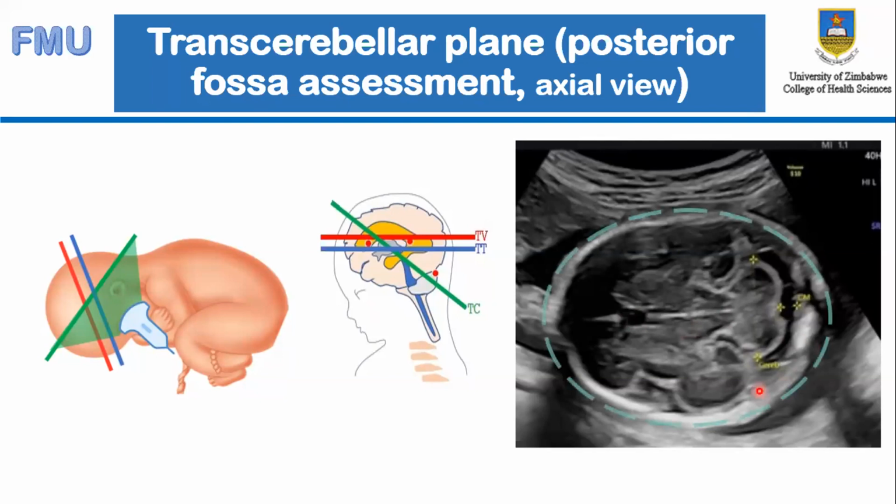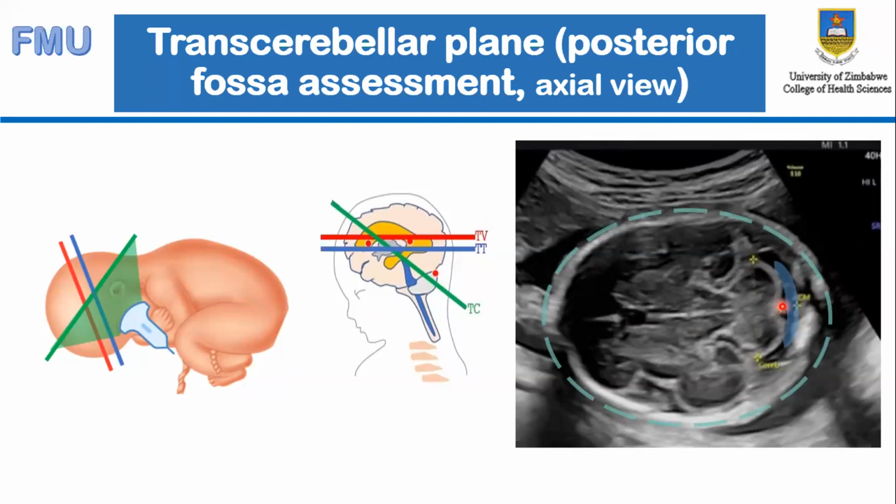And then we want to see the cisterna magna, which is a fluid-filled space behind the cerebellum. So we measure it from the posterior aspect of the cerebellum to the anterior aspect of the occiput. Then the diameter shouldn't be more than 10 millimeters in order for us to say it's normal.